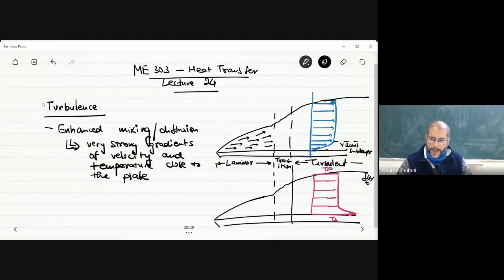Okay. So this was a discussion of the mechanism of enhanced diffusion of momentum and energy because of the flow being turbulent in this turbulent flow region.